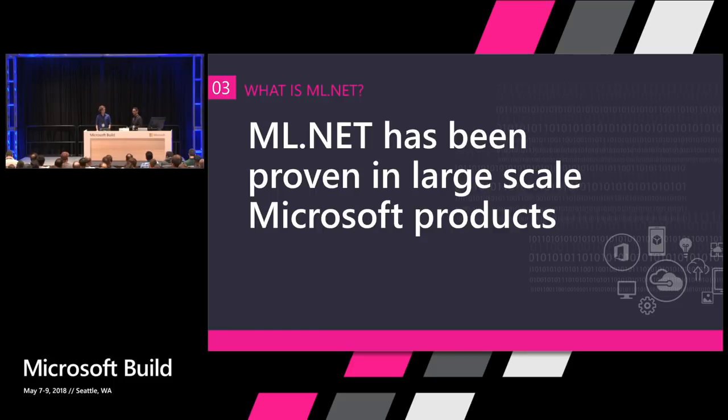Now it's used in perhaps most of the A-grade products that Microsoft ships. It's used by a variety of products inside of Microsoft, and we're going to show what these products are. But more importantly, ML.NET was specifically written to support applications written in .NET, and to support .NET developers doing machine learning. There are obviously some cases for data scientists as well, but it's primarily written for those needs.